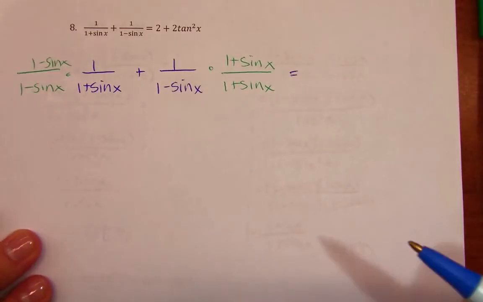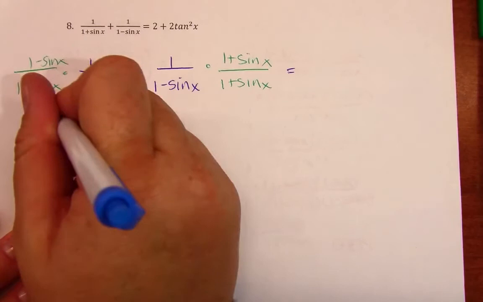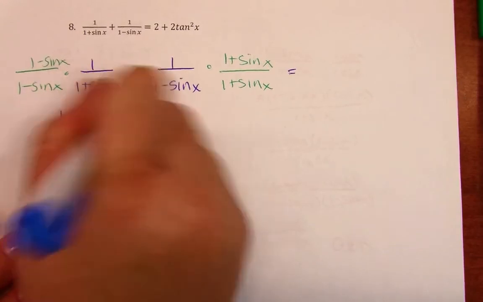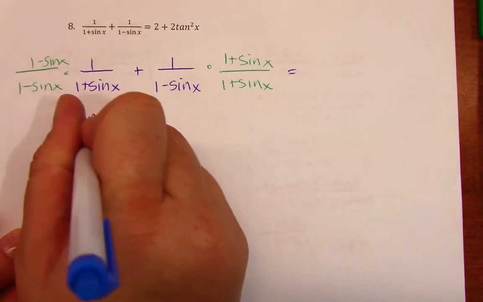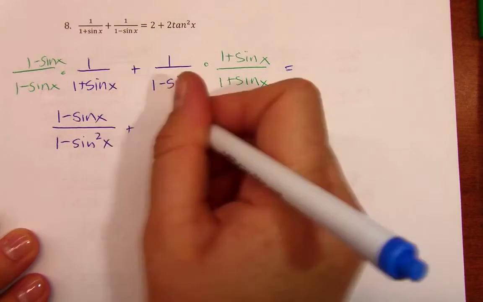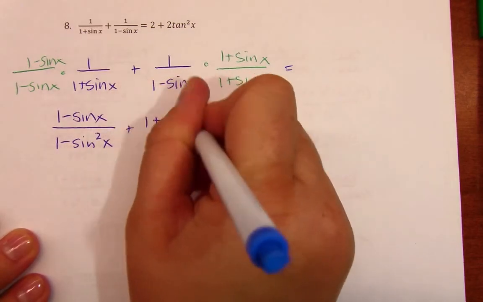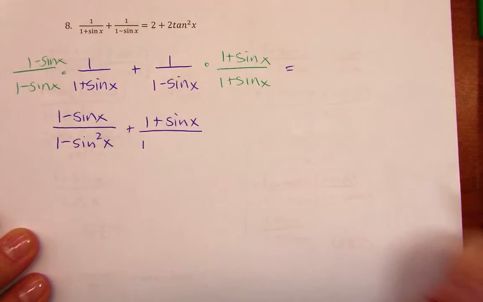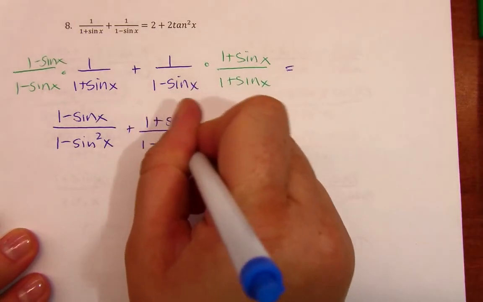Again, still only working on one side of the equation, so this becomes 1 minus sine x over 1 minus sine squared x plus 1 plus sine x over 1 minus sine squared x.